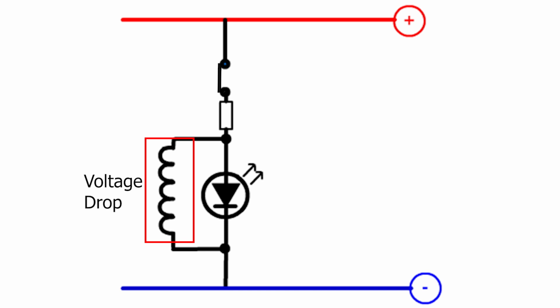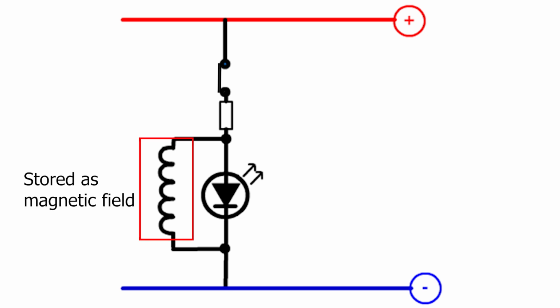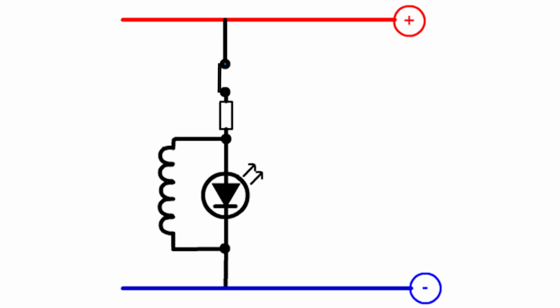Now, the energy consumed to overcome that opposing force is effectively being stored as a magnetic field. But once the current through the coil is steady, then so is the magnetic field, and the voltage drop across the coil will be seen to disappear. And this explains why the voltage across the LED was momentarily sufficient to light it, but then dropped away once the current through the inductor was at a steady state.